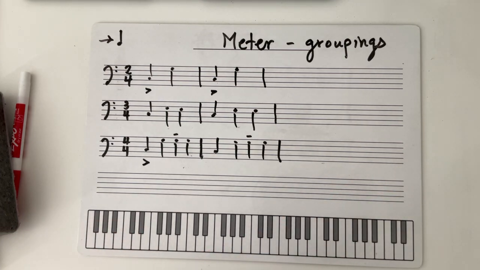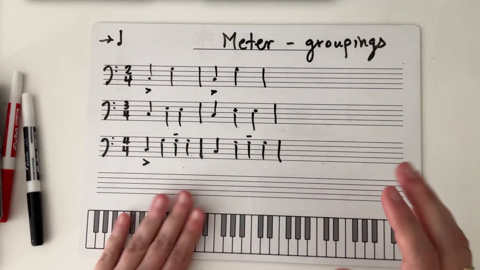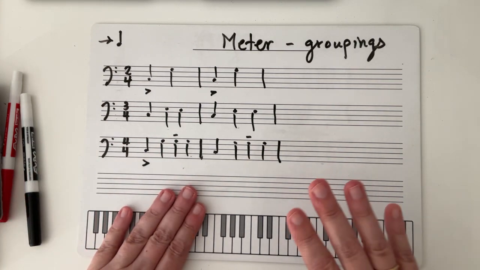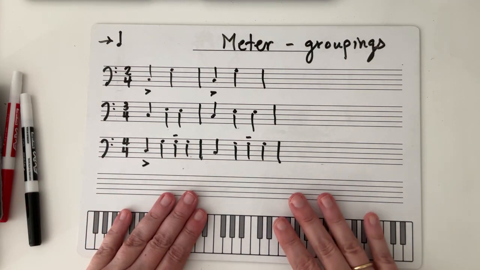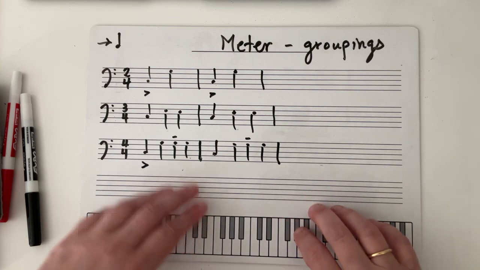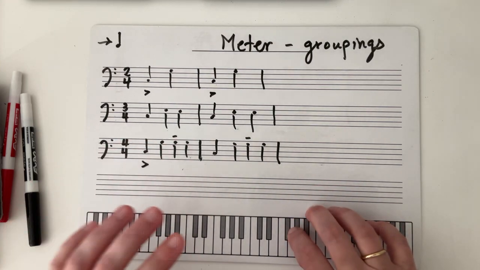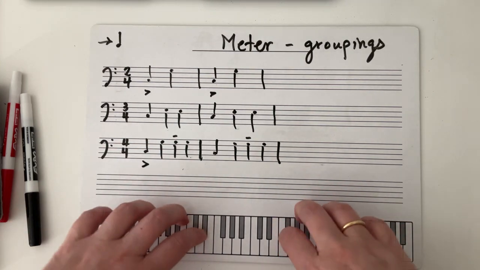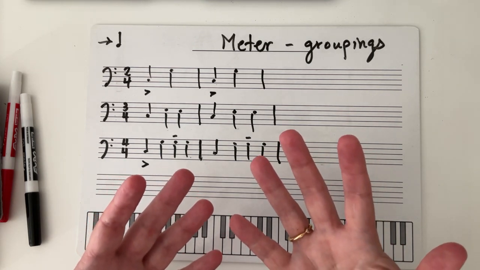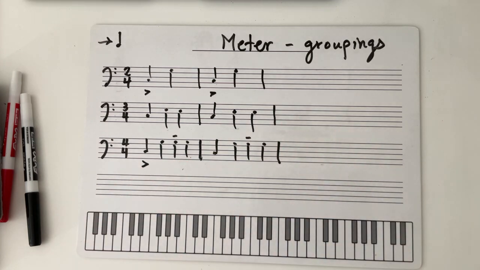And then 3, 4, we've got left, right, right, left, right, right. This hand has to double. 1, 2, 3, 1, 2, 3, 1, 2, 3. We'll do some listening, see if you can identify these meters. All for now.